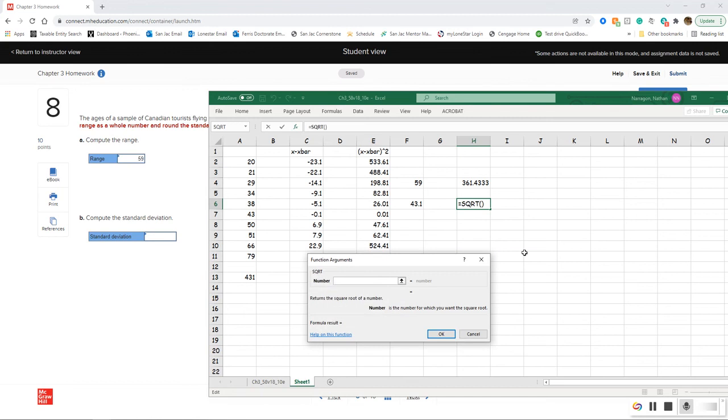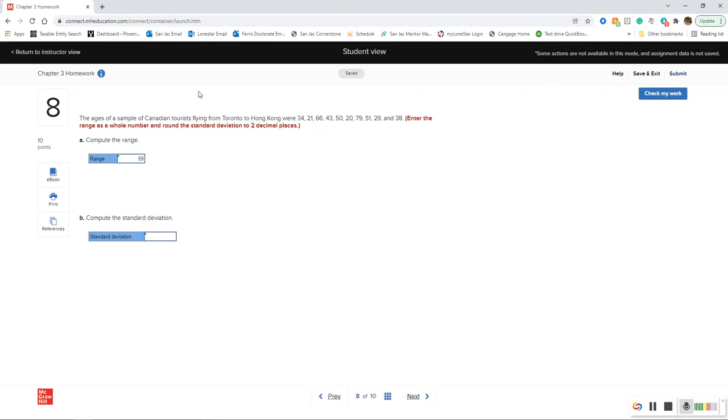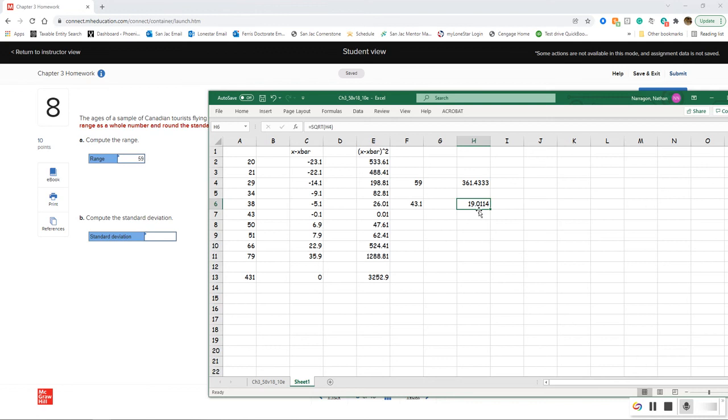There's square root. Then highlight that, and then hit enter. So that is our standard deviation. It's 19. Not too bad. It wants us to round to 2 decimal places. So here is 19.01.